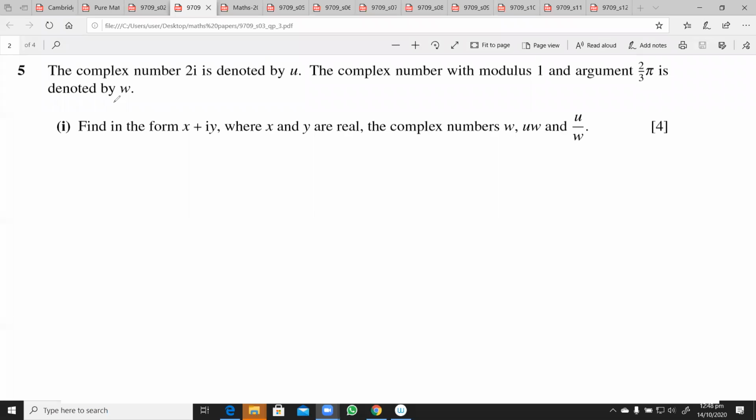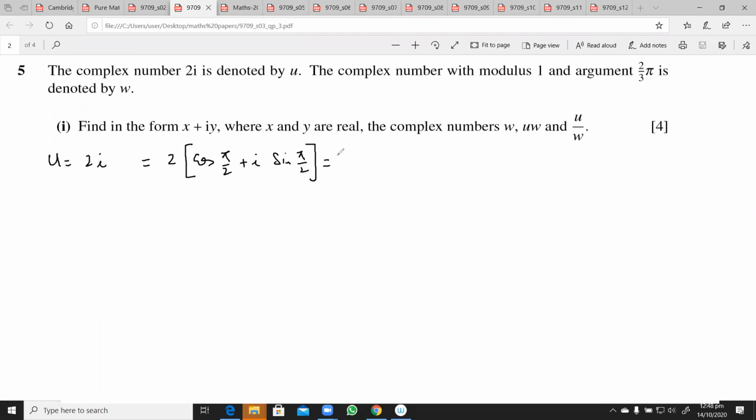Okay, there is a complex number u, which is 2i. Can I write this 2i as 2 into cos π/2 plus i sin π/2? Yes?